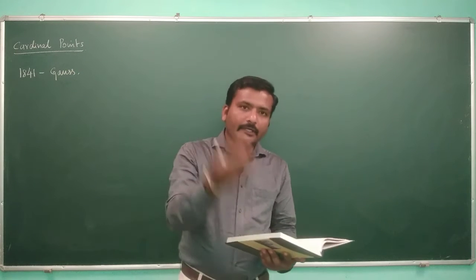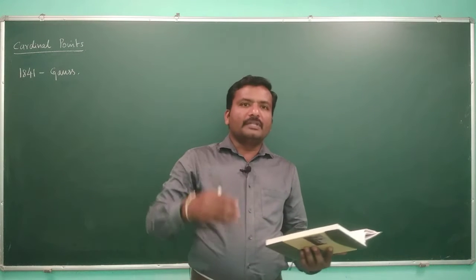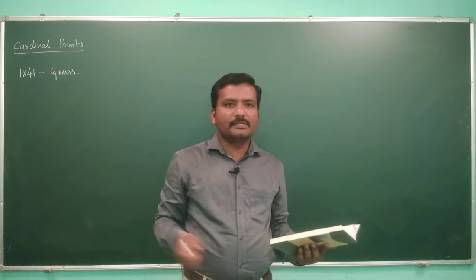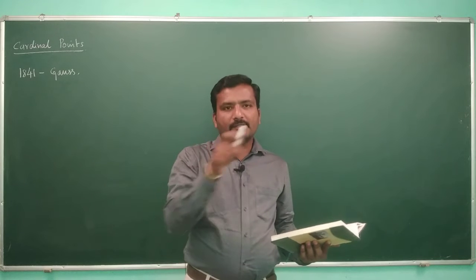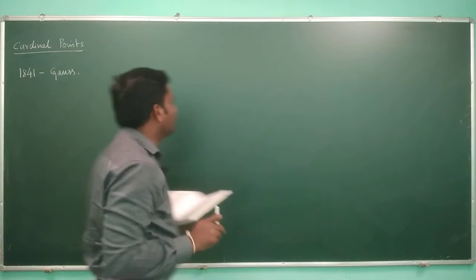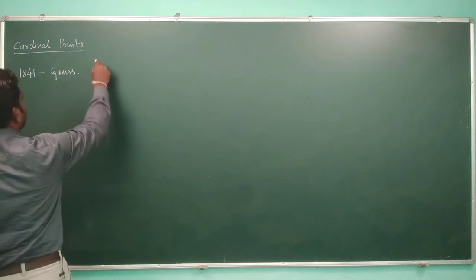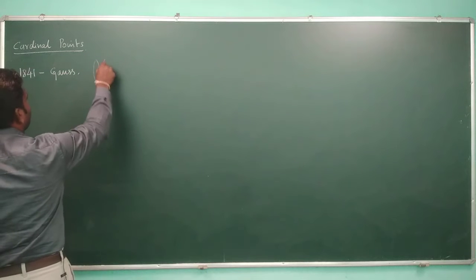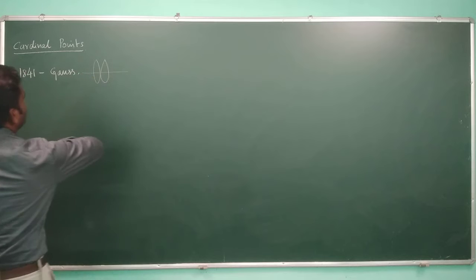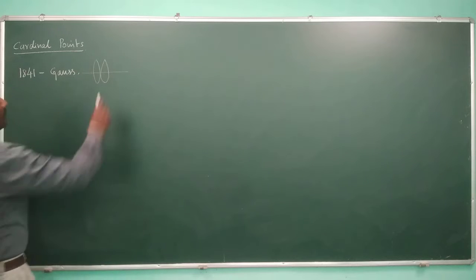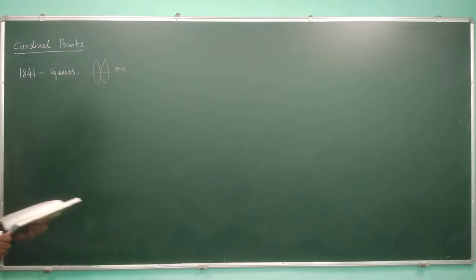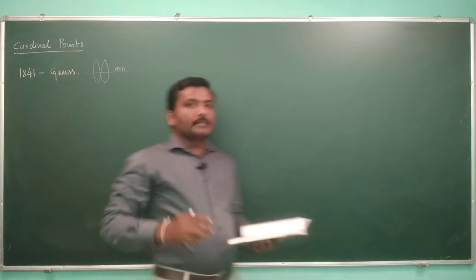According to him, whatever be the number of lenses, if they are placed coaxially, meaning the centers of the lenses lie on the same axis, right? For example, if you have one lens like this and another lens like this, then the centers of both lie on a common axis. Then these two lenses are said to be coaxial lenses.